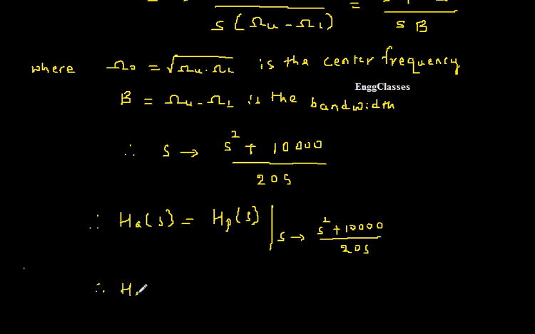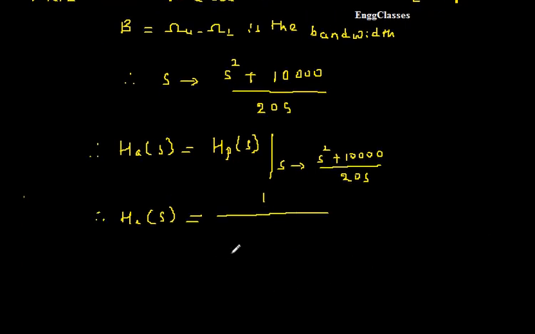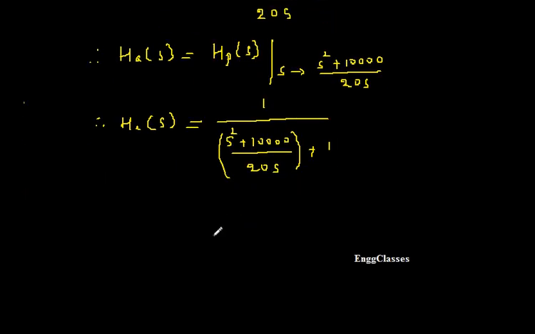Therefore HA of S is going to be 1, that gets divided by S plus 1. So in place of S I am going to put S square plus 10,000 divided by 20 S, plus 1. So just need to simplify this further so that we get the transfer function of a bandpass filter.